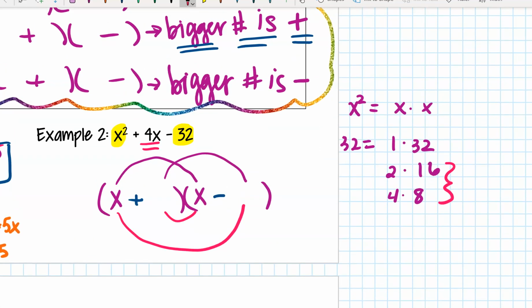So keep in mind, whatever factors we choose, the bigger one has to be positive because our middle term is positive. Okay, so I'm going to start with 8 and 4. I'm going to put my 8 first because that's where my plus sign is, and my 4 second because that's where the other space is for that.